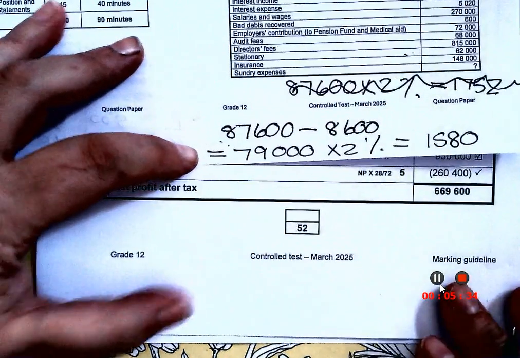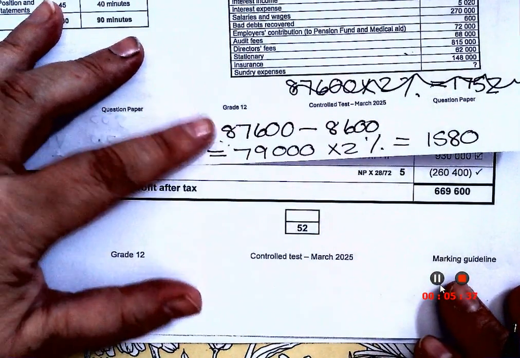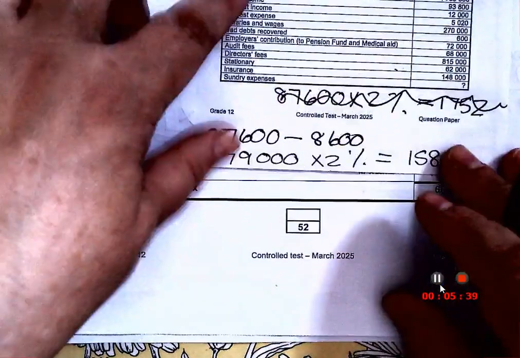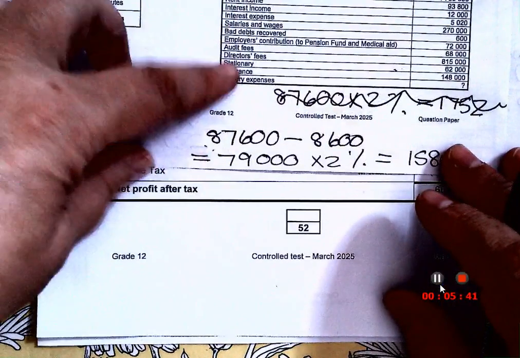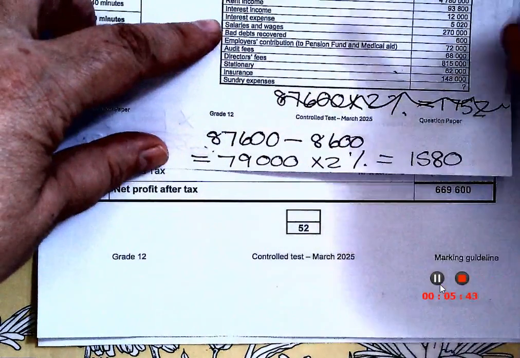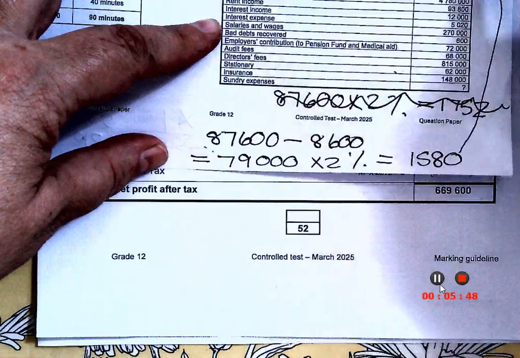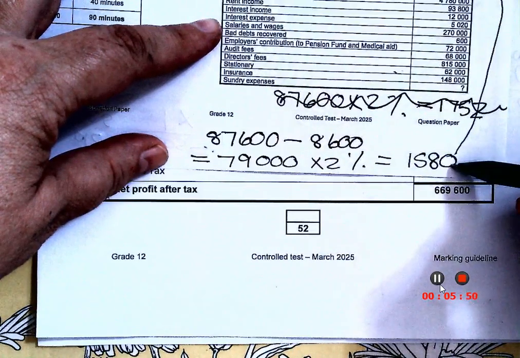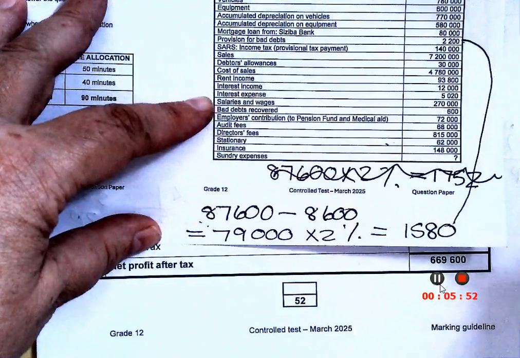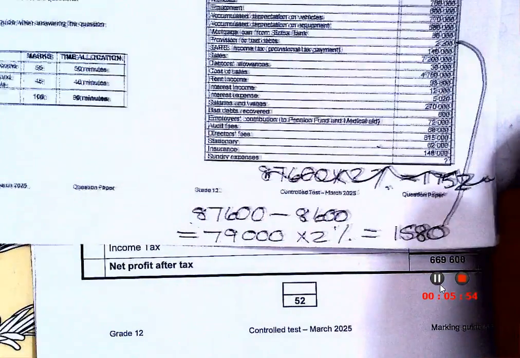Please stop talking. So that 1580, if I compare it to the provision they gave me already, where's the provision? There. Can you see the 22 is more than the 1580? Meaning I want to make it less. So it's an income.